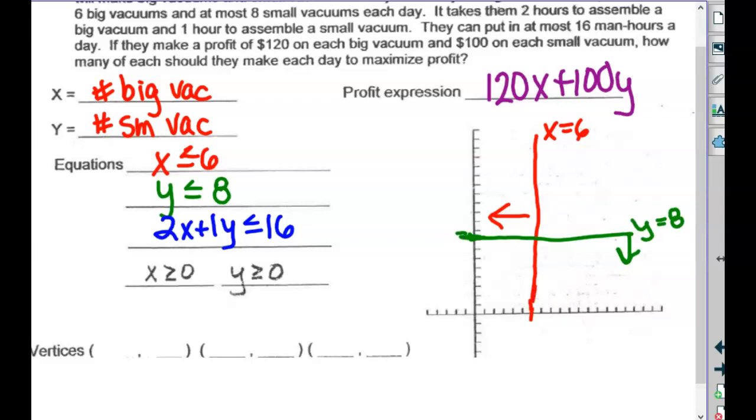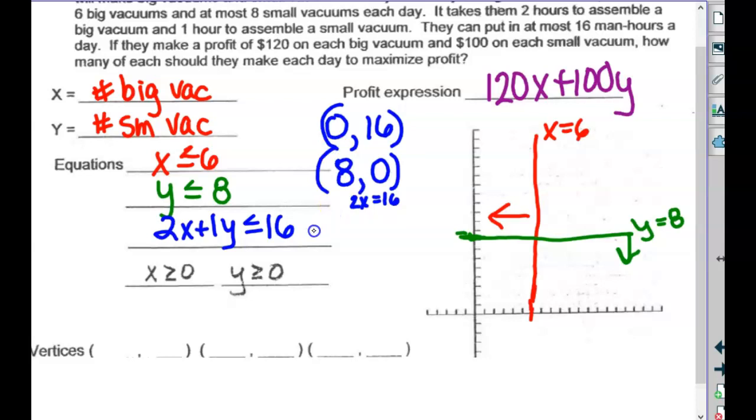All right, then I have a pretty blue color here for this one. How do you want to graph that one? Intercepts or Y equals? Okay, if I put a 0 in for X, it'll just say Y equals 16. If I put a 0 in for Y, it'll say 2X equals 16.